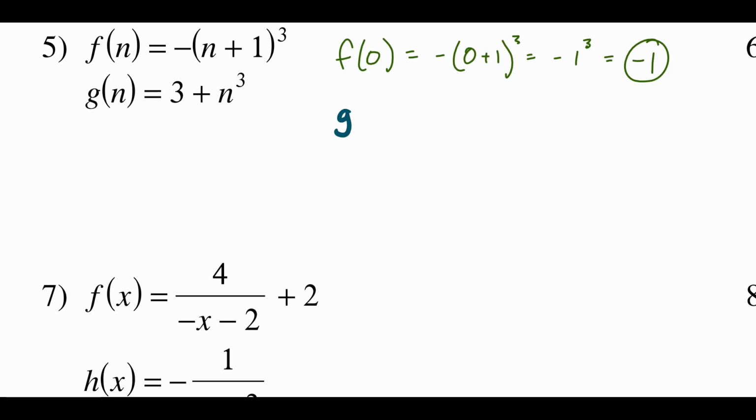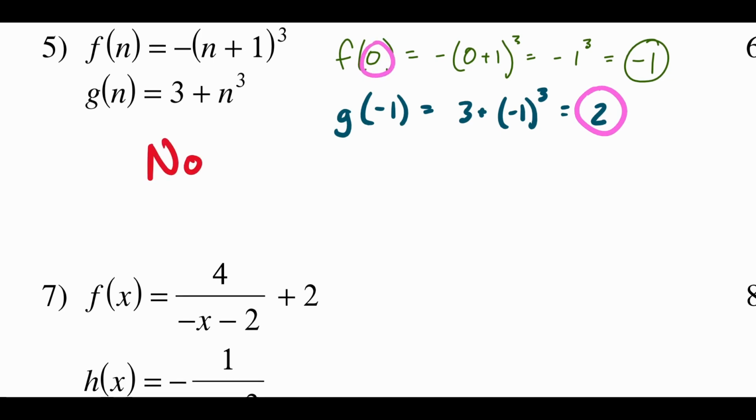So negative 1 now is getting plugged in for my function g. So g of negative 1 equals 3 plus negative 1 cubed. Negative 1 cubed is a negative 1. 3 plus a negative 1 is a positive 2. You can see that this value 2 does not equal my value of 0. Therefore, no, these are not inverses.